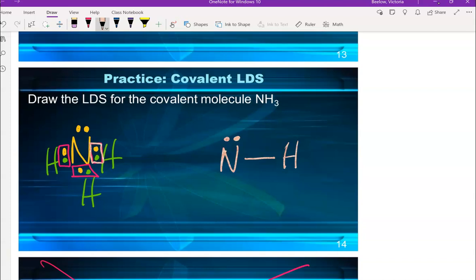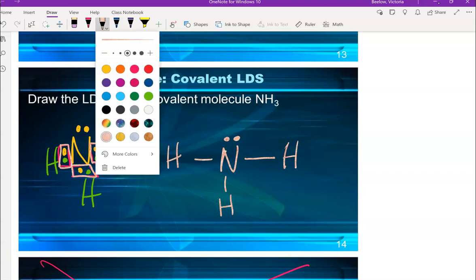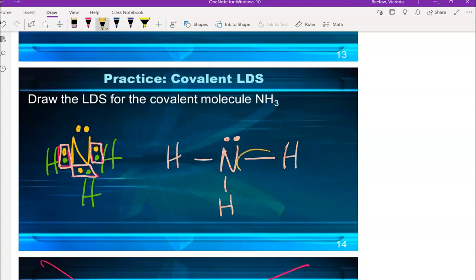And then we're going to bond that with our hydrogen. Again, this bond, this line, represents these 2 electrons being shared. And then same thing. This represents those 2 electrons being shared. So each line is 2 electrons.